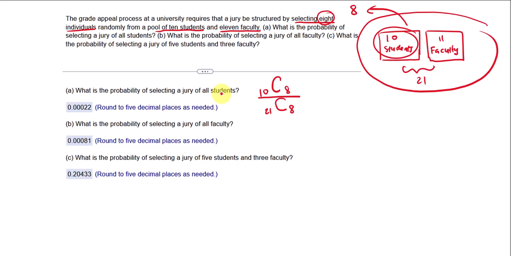I do not want to take any faculty. So this 8 jury group here is coming from the list of 10 students. So that would be the possible outcome for that. And then we divide by the total possible outcome for everything, because we are selecting 8 people from a group of 21. So this is all the possible outcomes.